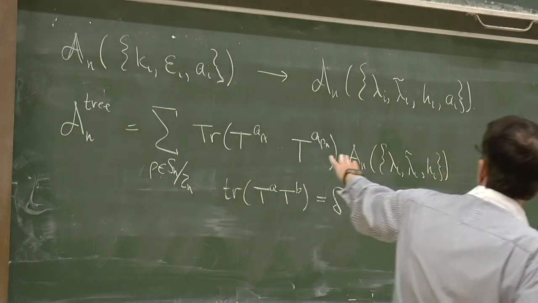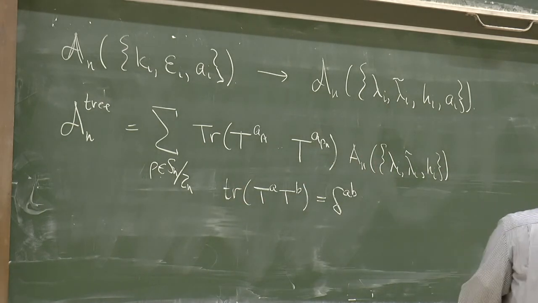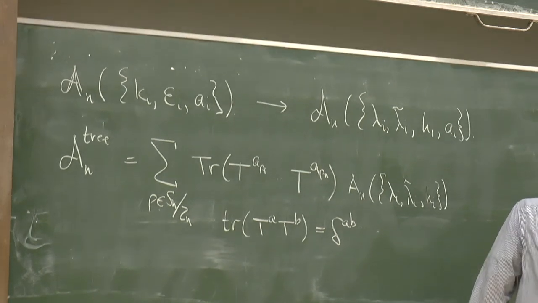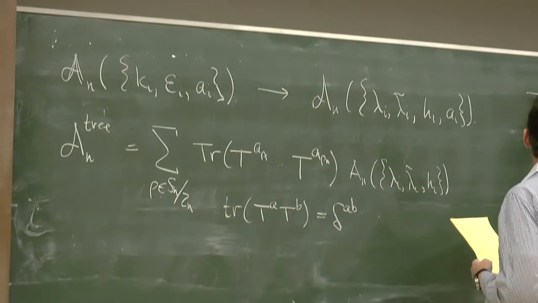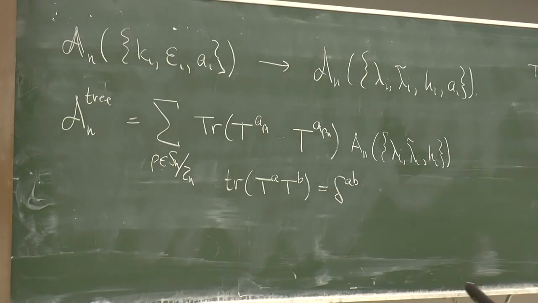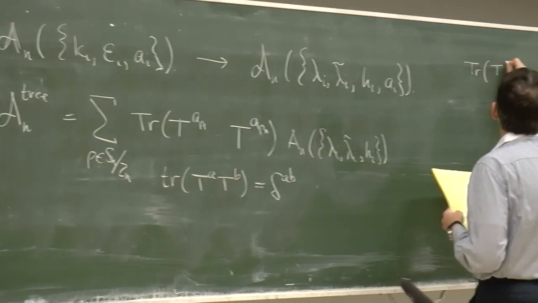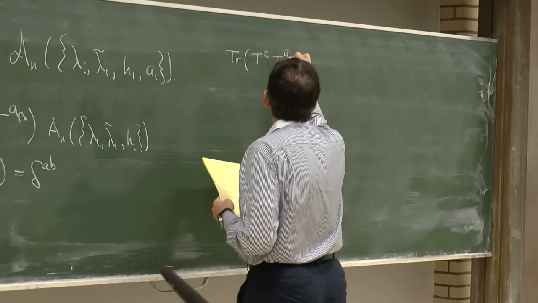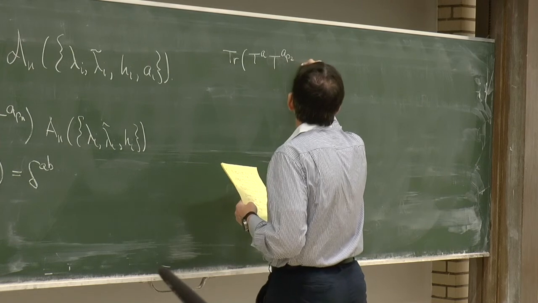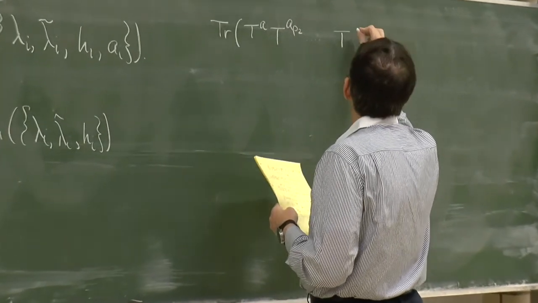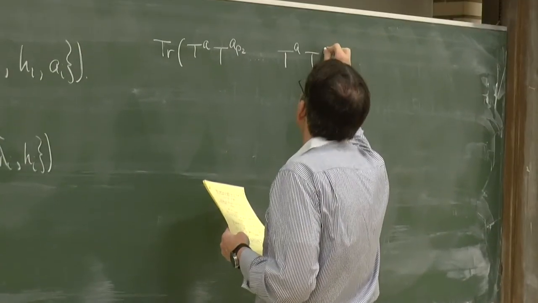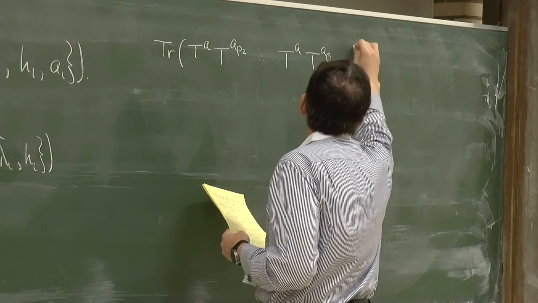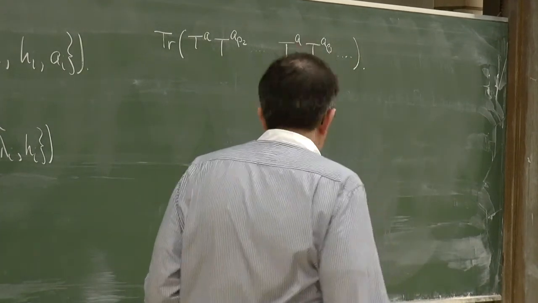So we now have one of these traces where we're going to contract two indices together. And so we have TA, T row 2, and TA somewhere, TA row J, and so on and so forth.